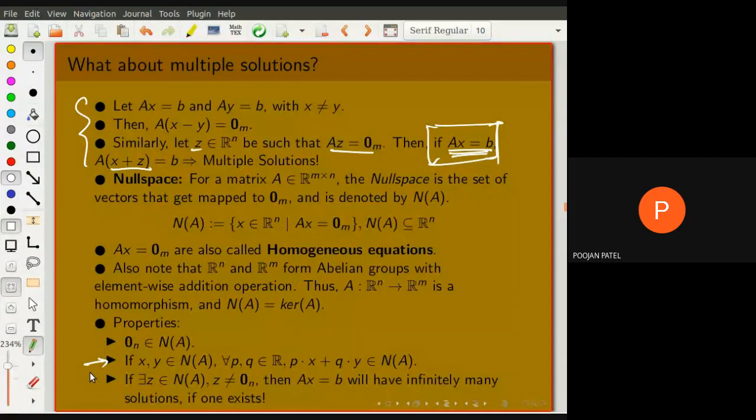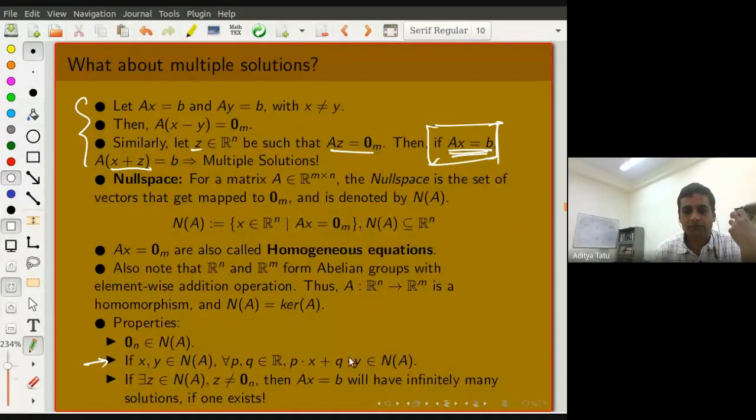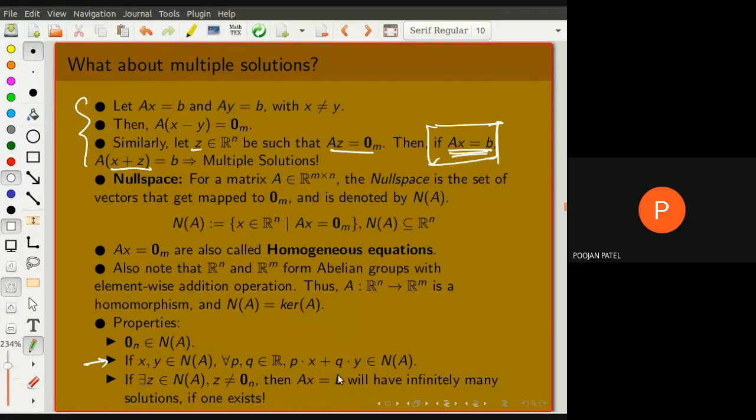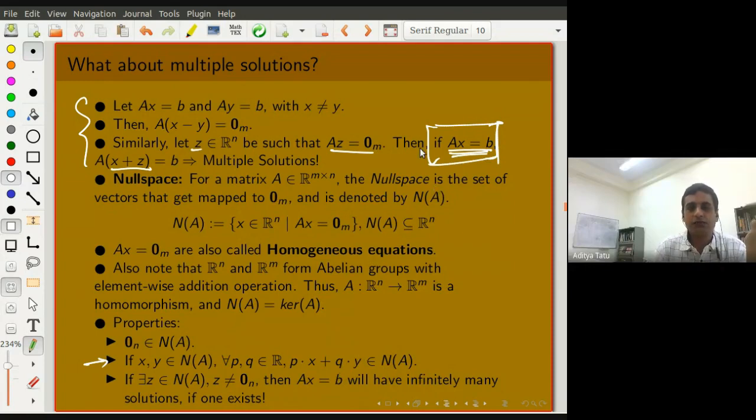If x is in the null space, 10x will also be in the null space, 100x will also be in the null space, and all of these are distinct elements. So there will be infinitely many elements in the null space if there is one non-zero element in the null space. For every distinct element of the null space, you can construct a new solution.